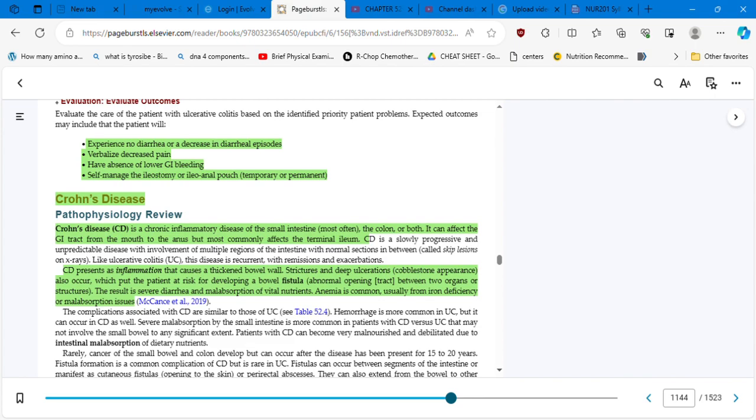I will add physical therapists whenever they are free of the diarrhea episodes and the pain and the absence of the GI bleeding. Some physical therapy, some massage, will help them a lot. They will provide some relief. And with this, we finish the ulcerative colitis topic.